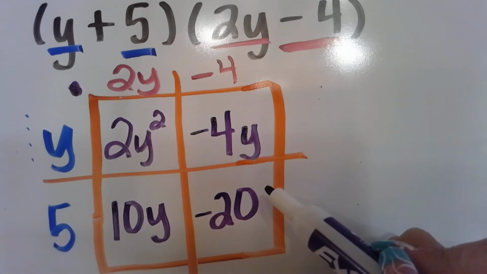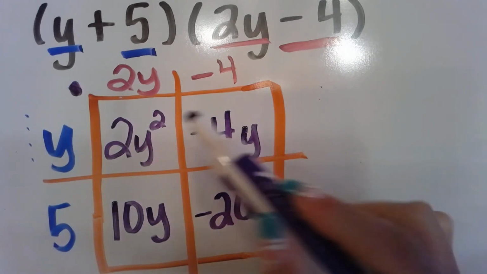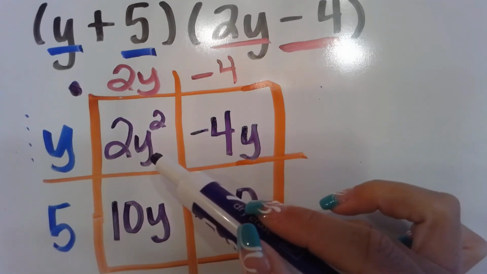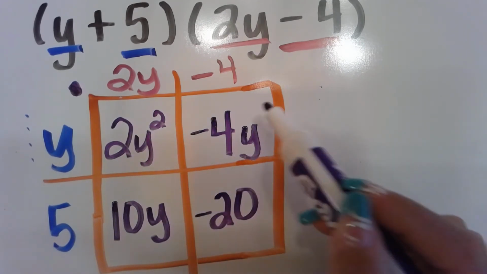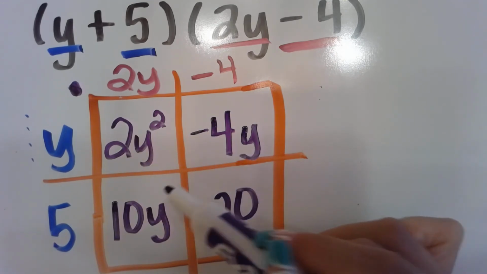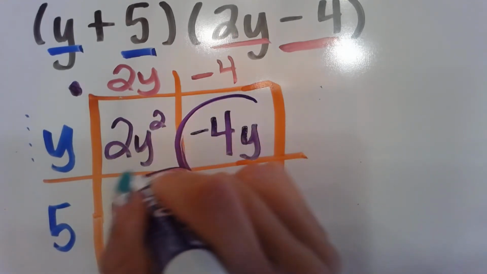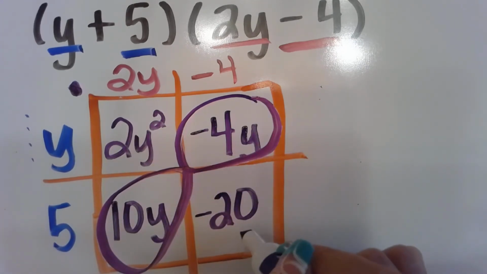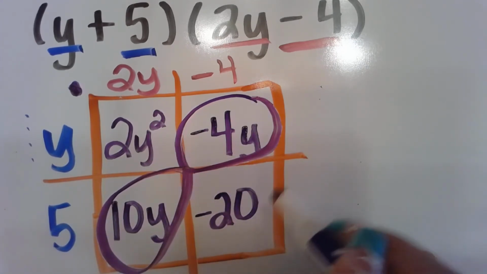And just like I did in my previous example, let's decide, does anything have a y squared? No. Does anything else just have a plain y? Yes, this one does. So we know that these two are going to be paired together. And then we have our negative 20, okay?